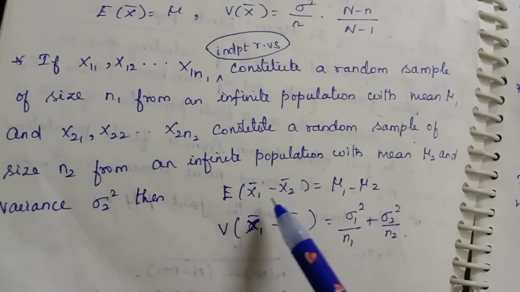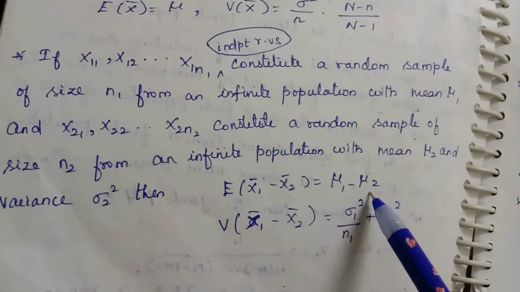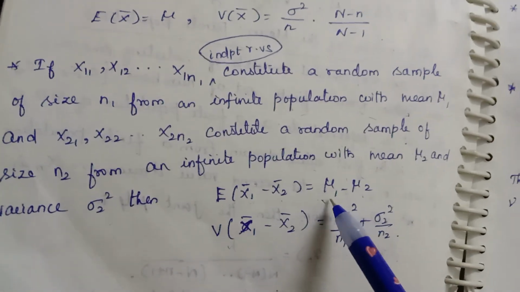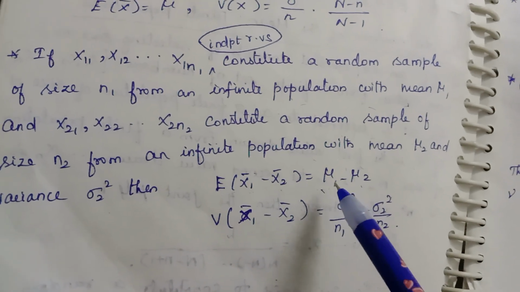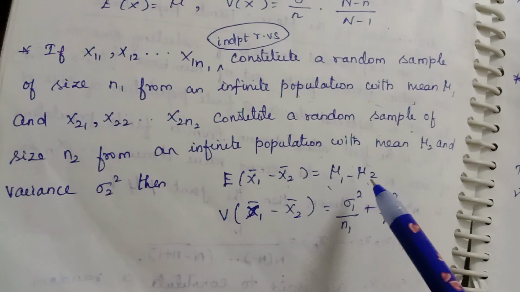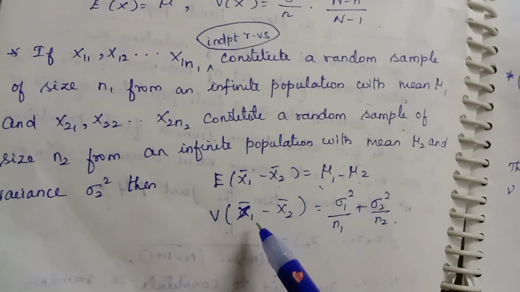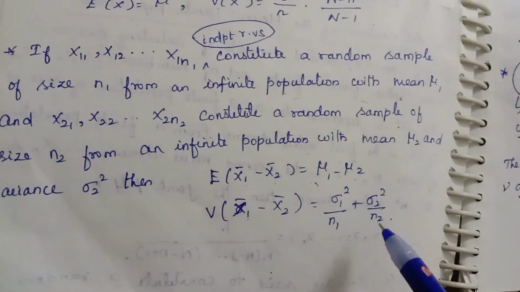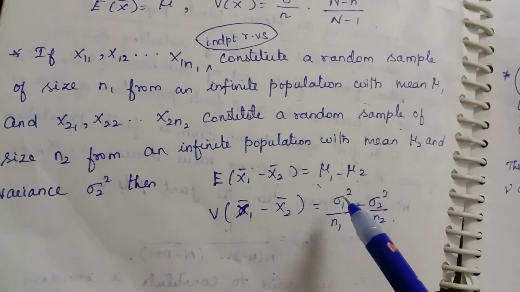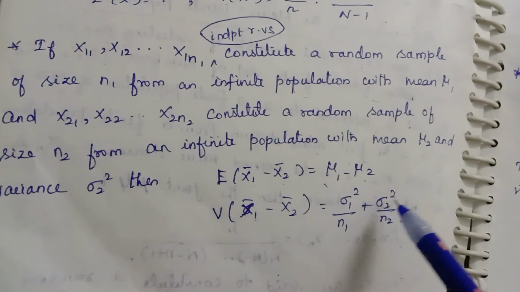Then the expectation of the difference of their means is equal to mu1 minus mu2. What is this mu1? Mu1 is the mean of the first population, and the second population mean is mu2, and the variance of the difference x1 bar minus x2 bar equals sigma 1 square by n1 plus sigma 2 square by n2. Sigma 1 square is the first population's variance and this is the second population's variance.